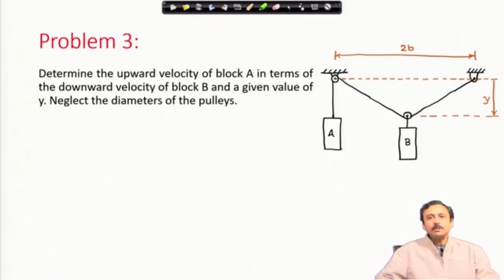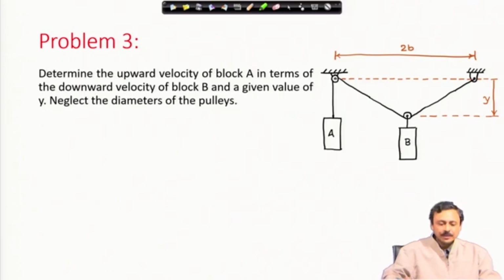Now, we will look at a problem and use this concept of relative velocity for a pulley and see how the problem can be solved. I will also show you an alternative method using plane geometry.